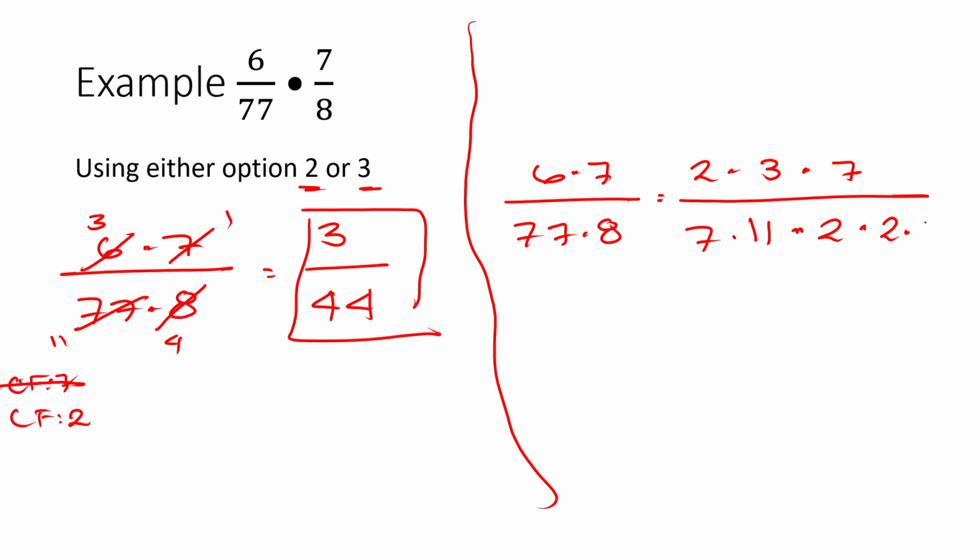In case you didn't know, this is 8, this is 77, and this is 6. Now let's cross out the numbers that appear on the top and the bottom.